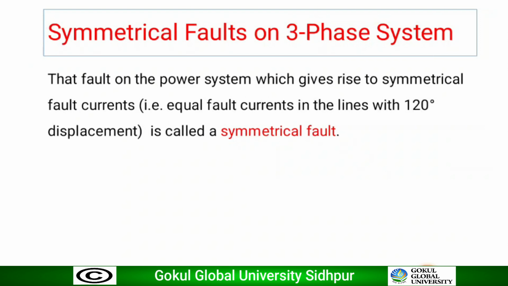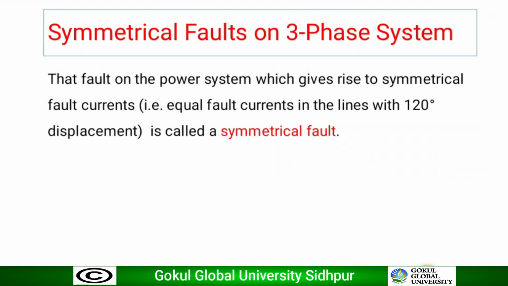First of all, what is a symmetrical fault on a three-phase system? In a three-phase system, there is a 120 degree phase displacement between the R, Y and B phases. That means between VR, the voltage across the R phase, and the voltage across the Y phase, a 120 degree phase displacement takes place.